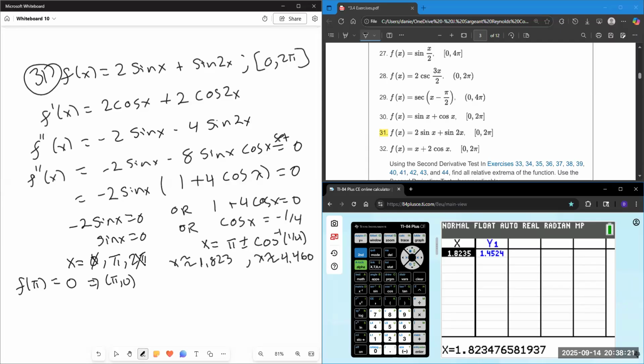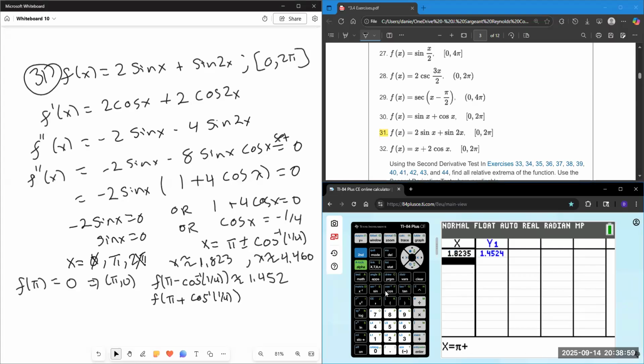All right, so this is f of pi minus arc cosine of 1/4, which is approximately 1.452 when we get it to 3 decimal places, and f of pi plus arc cosine of 1/4 is the negative version of that.